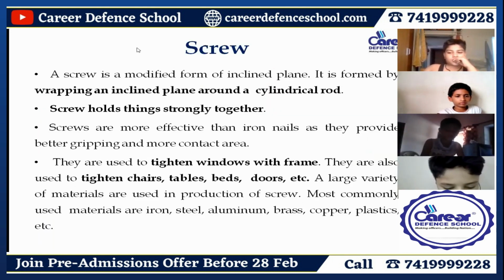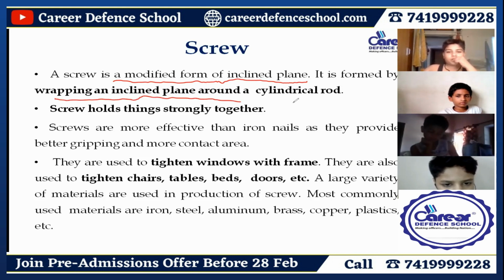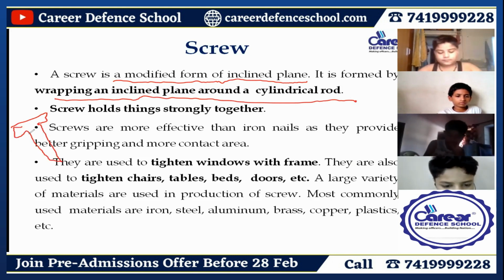Now, what is the definition of a screw? A screw is a modified form of inclined plane. It is formed by wrapping an inclined plane over a cylindrical rod. It means you put an inclined plane on a rod. This is a cylindrical rod and you are putting an inclined plane on it. This forms a screw. Okay, a screw holds things strongly together.